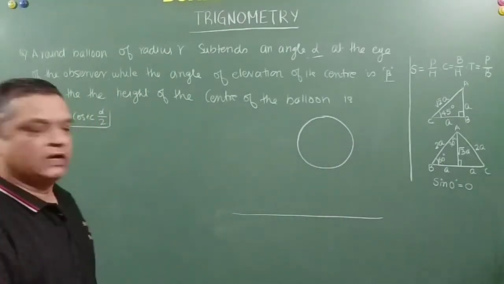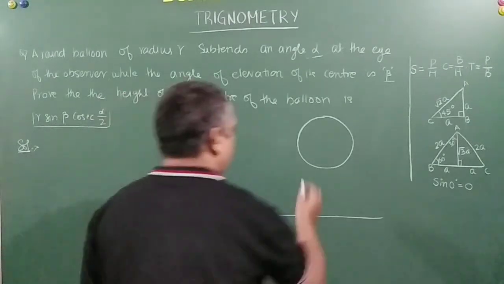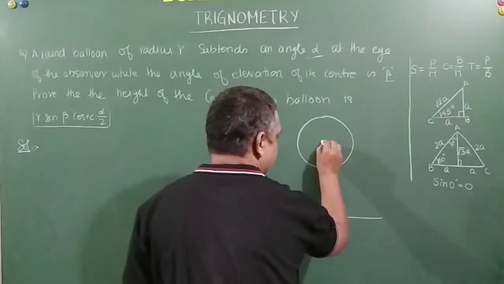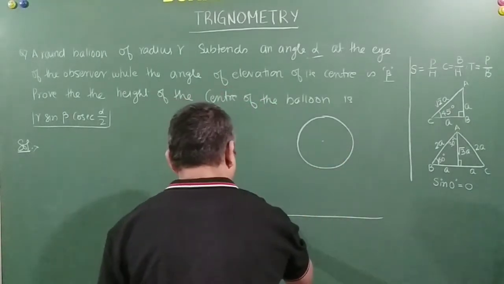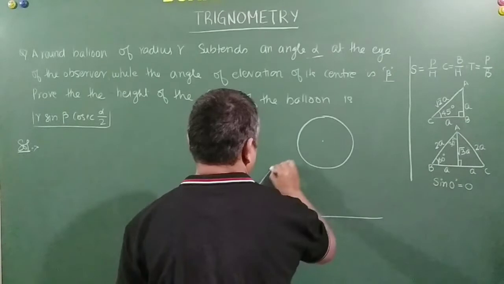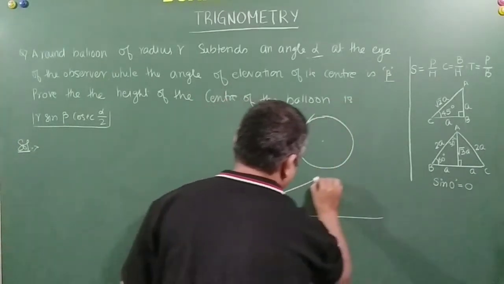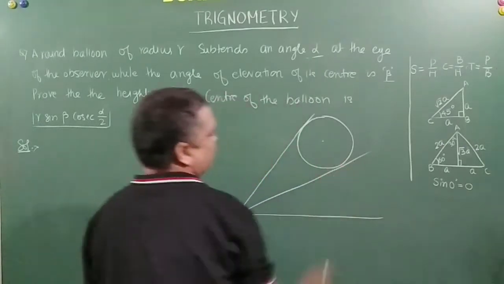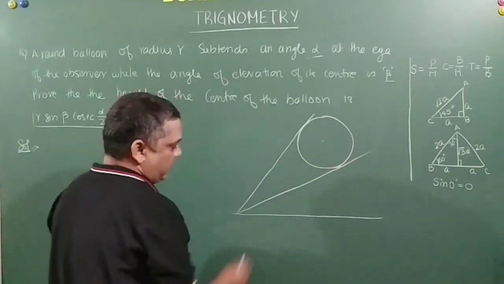So this is the ground level. Now there is an observer here, let us say, and this is the center of the balloon. It should actually touch, no problem. So we will manage a little bit.